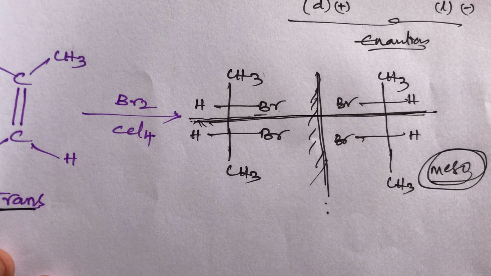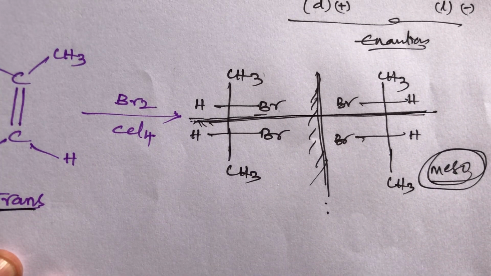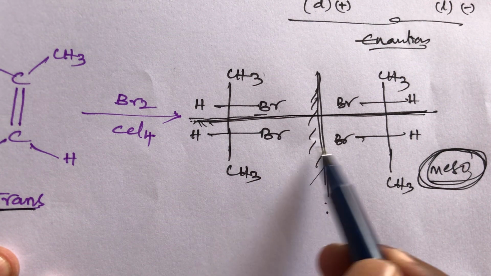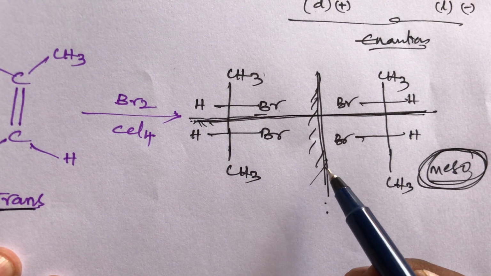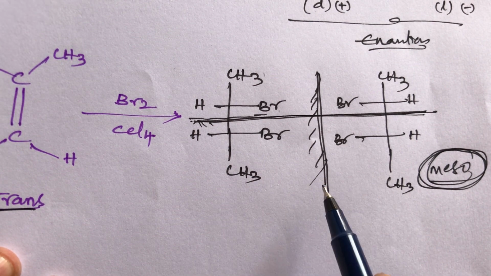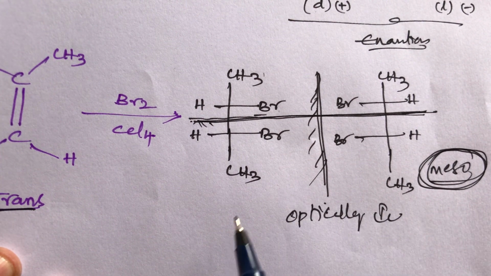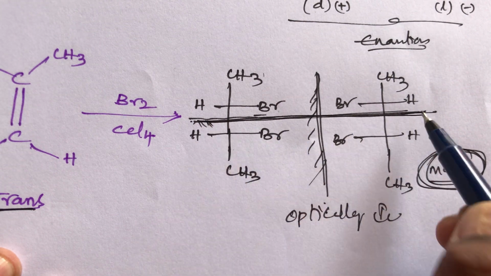This trans-2-butene will undergo anti-addition reaction. It forms a meso compound. This is not enantiomers. Why? Because this compound is optically inactive, due to the presence of a plane of symmetry.